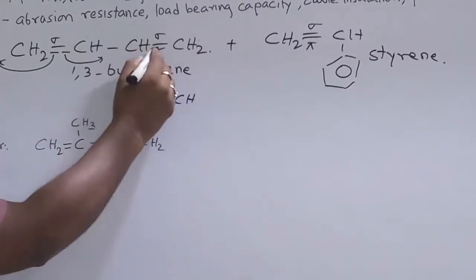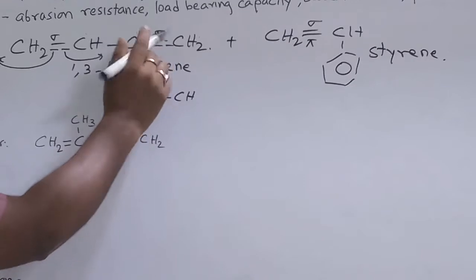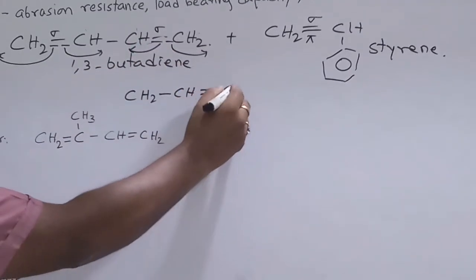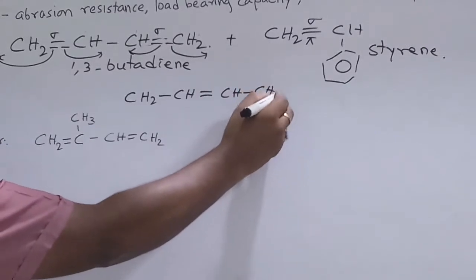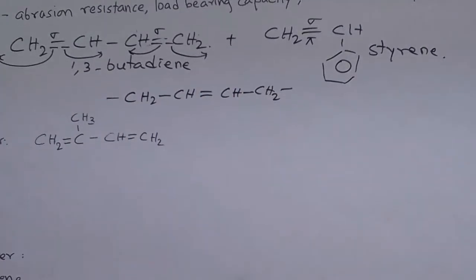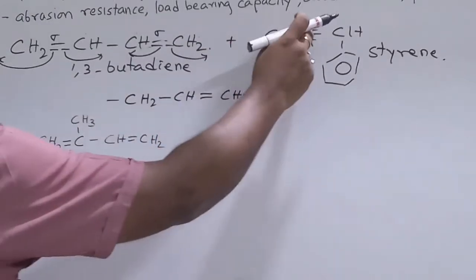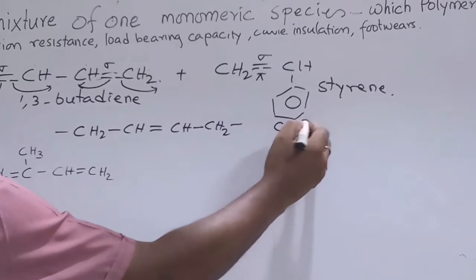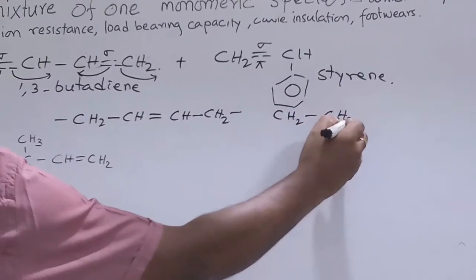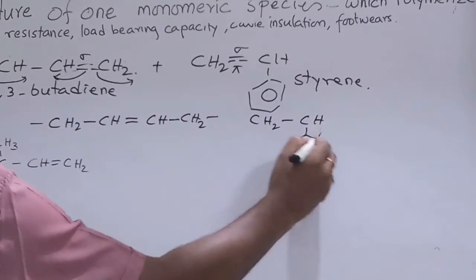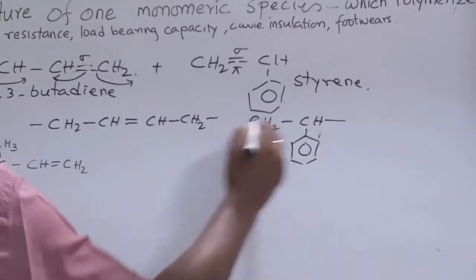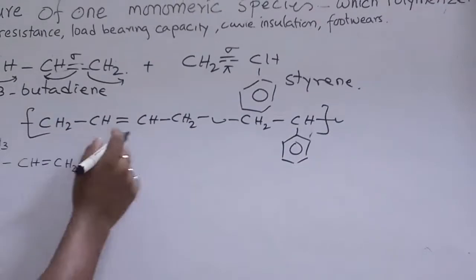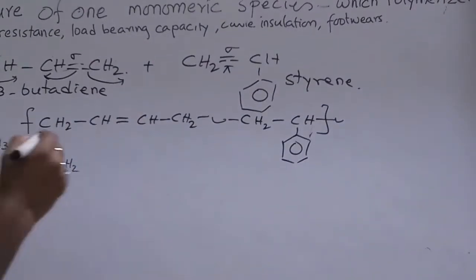Similarly this half breaks up, and it forms a double bond CH2 with a single hand on the other side. Similarly, this also undergoes cleavage, giving CH2 single bond CH2 CH with a benzene ring, and the open hands join here.